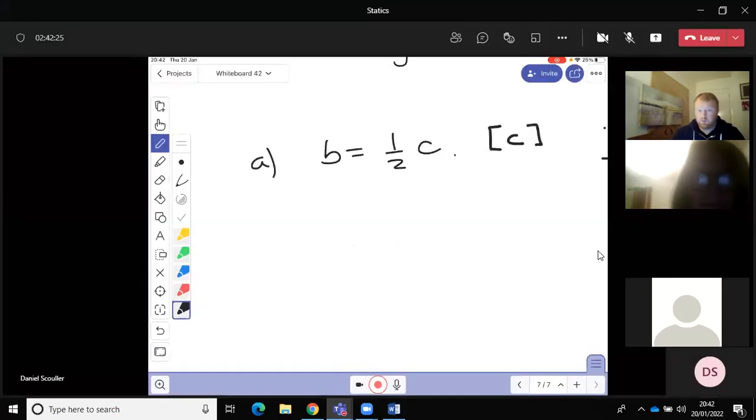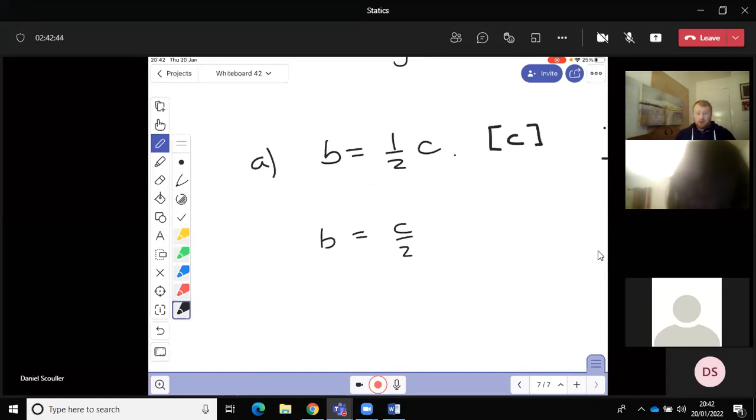Okay, so we've got B equals a half C and we want to change it to C. The only reason I've done that is the half's just written in a format that we're sometimes not familiar with. That is the exact same as writing C over 2.